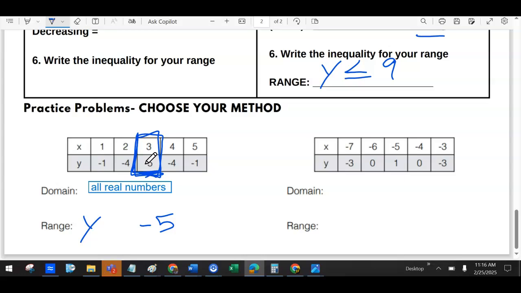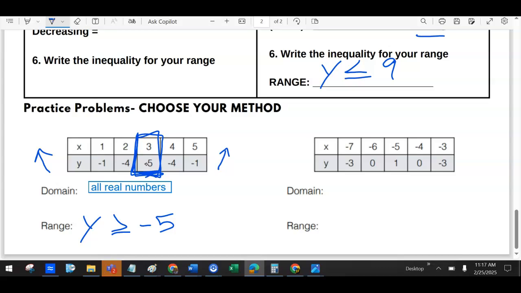I know it's weird to think about, okay? So from -5 up to -4, up to -1, the next numbers are going to be positive. You can see how it's getting bigger and bigger. So this should be a greater than sign. It is going up on each side. So greater than or equal to. I know this one's tricky because -5 to -1 seems like it's going down. It's not, okay? That's why graphing it on Desmos might help you, okay?